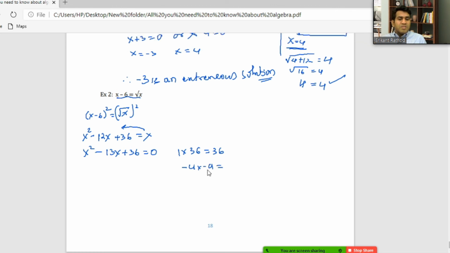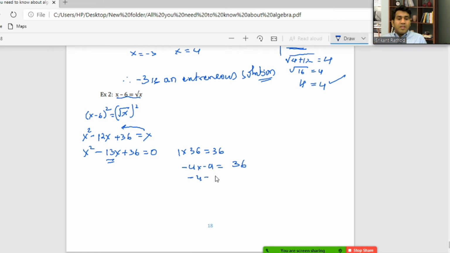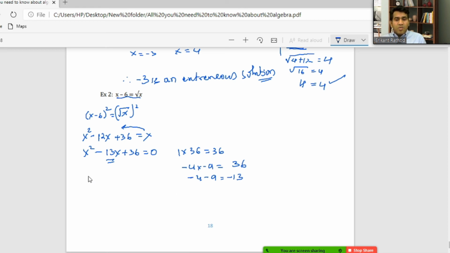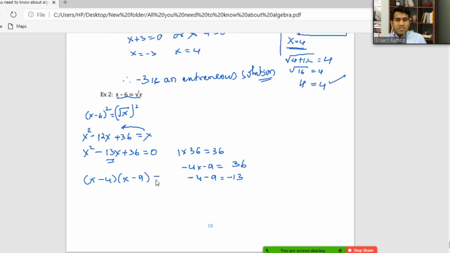Negative times negative is positive, and 4 times 9 is 36. And negative 4 plus negative 9 is negative 13. That's how we do it. Then this expression can be written as (x minus 4) times (x minus 9) equal to 0.